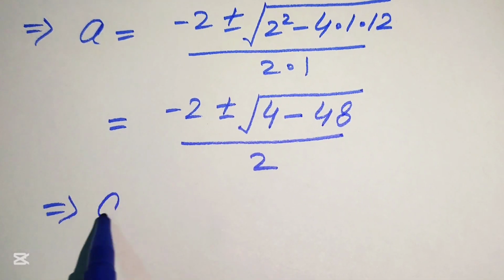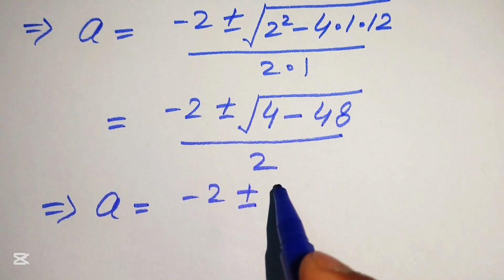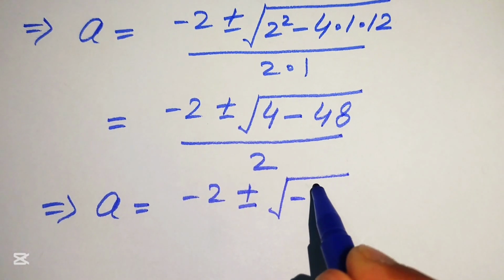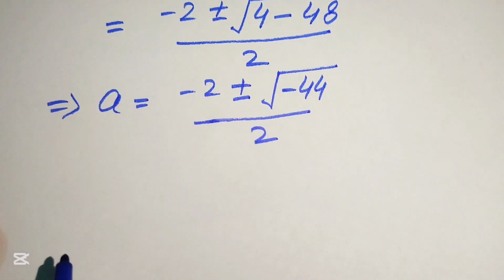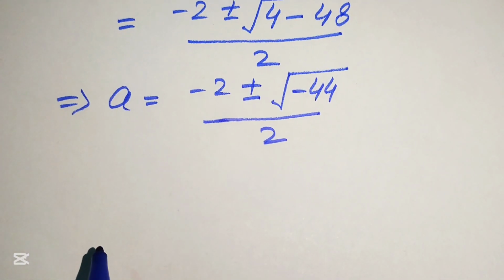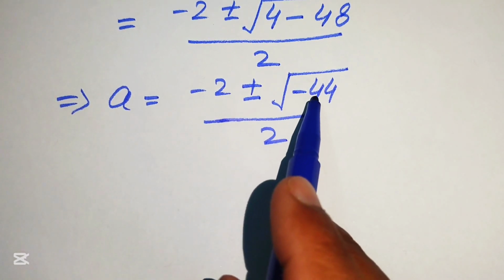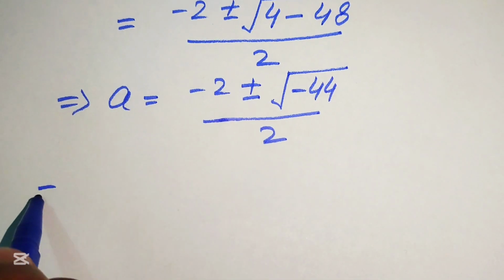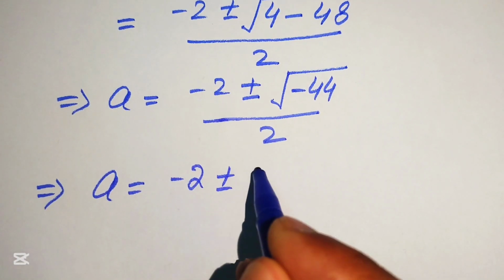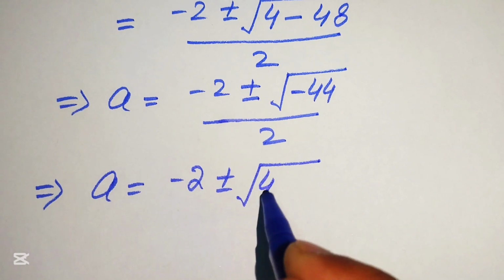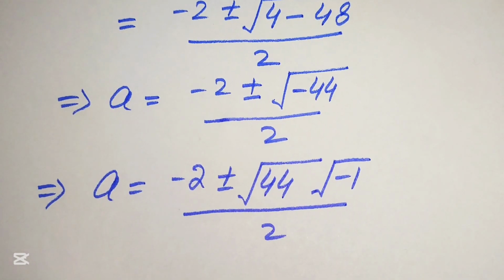So this implies that we have a equals to minus 2 plus minus square root of 4 minus 48, which equals minus 44, divided by 2. In the next step we need to separate the square root of this term 44 and the negative term, and we write it as a equals to minus 2 plus minus square root of 44 into square root of minus 1, divided by 2.